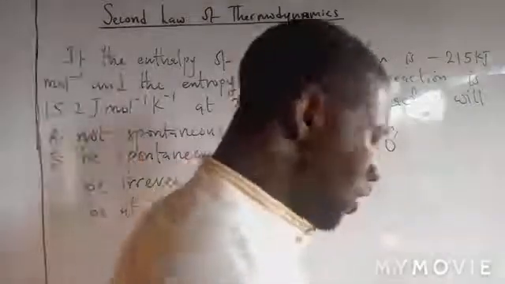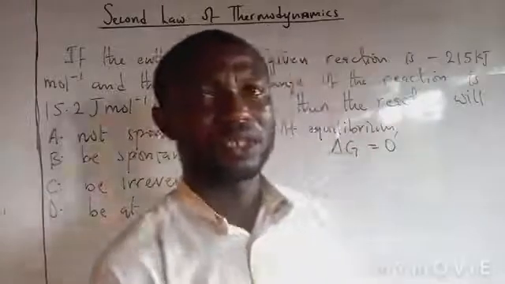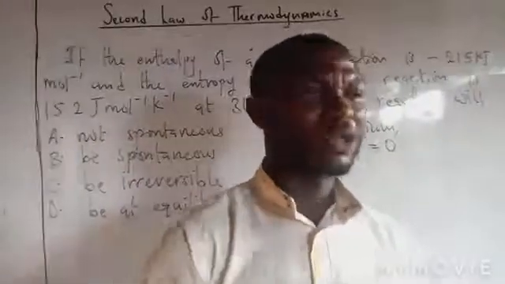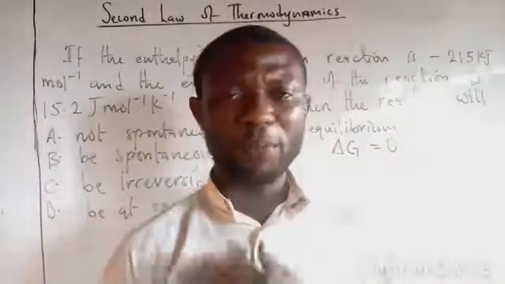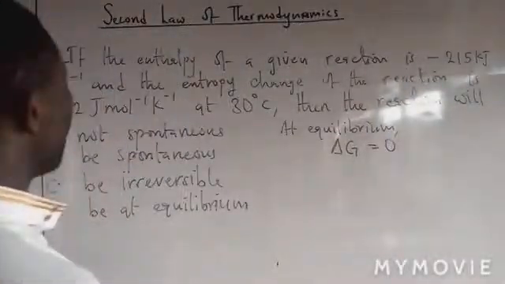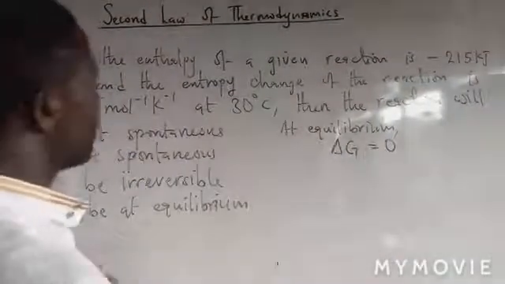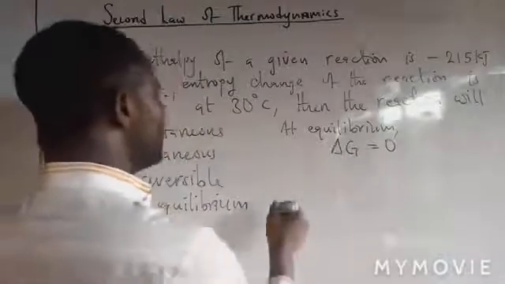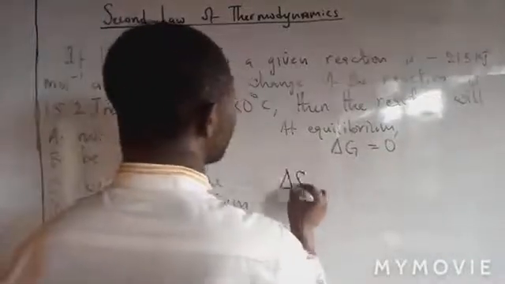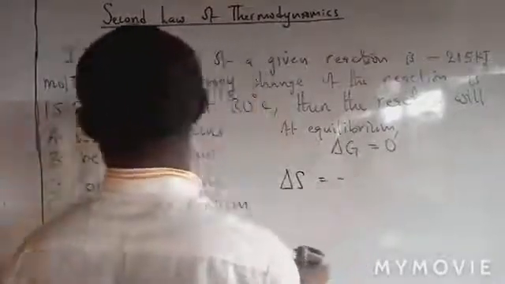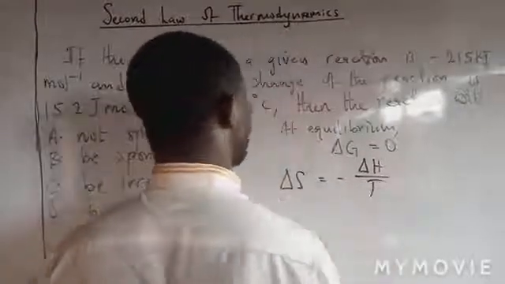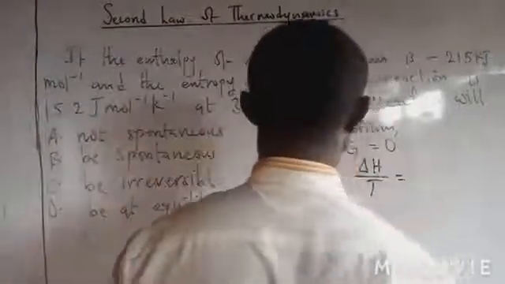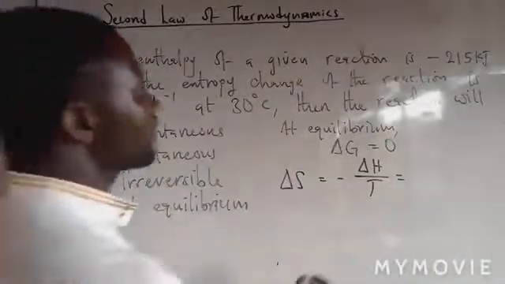For a spontaneous reaction, entropy change must be positive. Entropy change must be what? Must be positive. So how do we calculate the entropy change? From my previous video, the entropy change is equal to negative enthalpy change divided by temperature. What is the enthalpy change given?